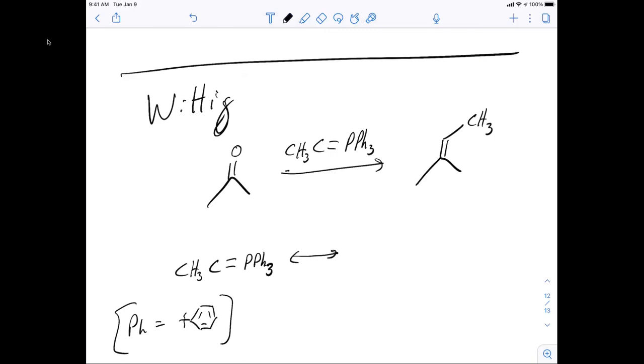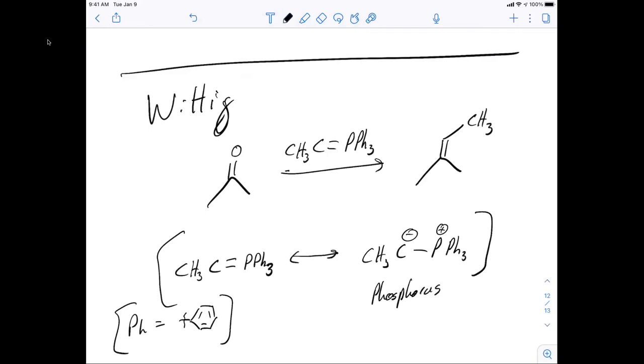So it's got a big bulky side on it. And then these negative-positive species like these are known as ylides. So this one is a phosphorus ylide.